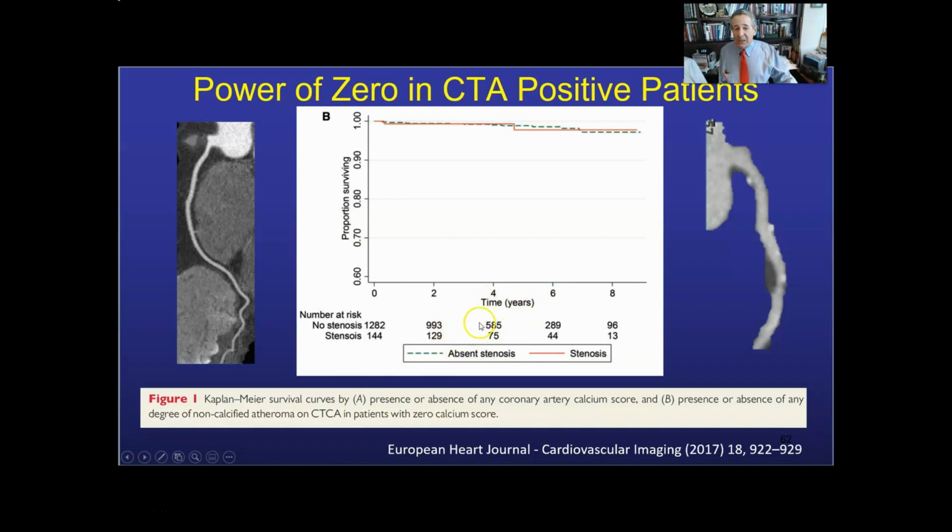And this is an interesting study of people who presented to the emergency rooms with either soft plaque on a CT angiogram but a zero calcium score, or just a zero calcium score and no other plaque. And there was no difference in survival over 8 years plus. And the reason is because if you don't have a big plaque burden, even if you rupture a plaque, the thrombus is going to be washed away. It's not going to cause an event.